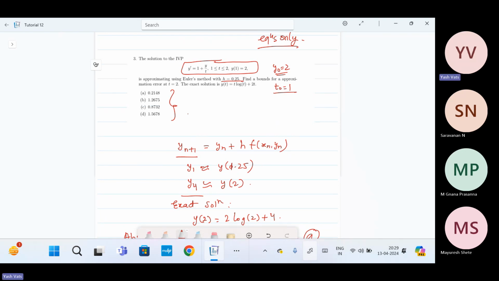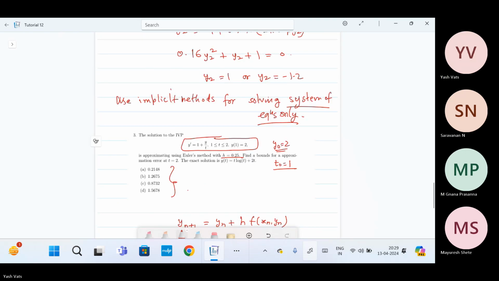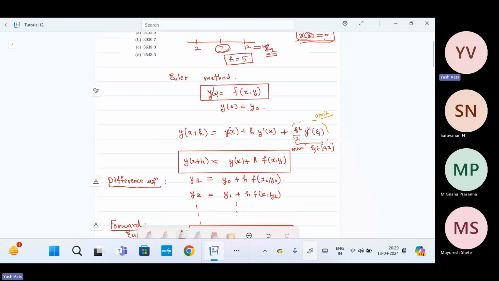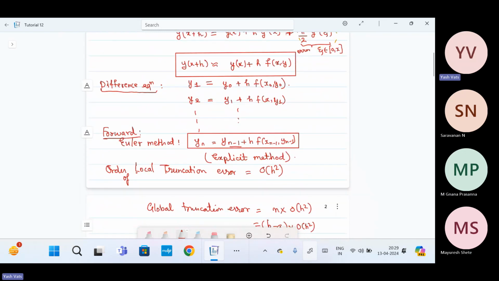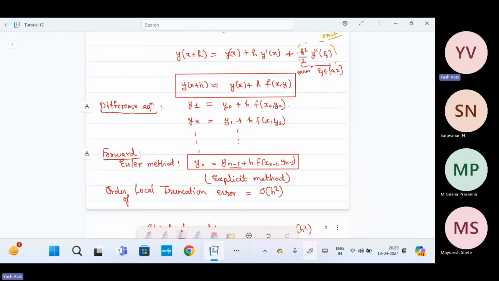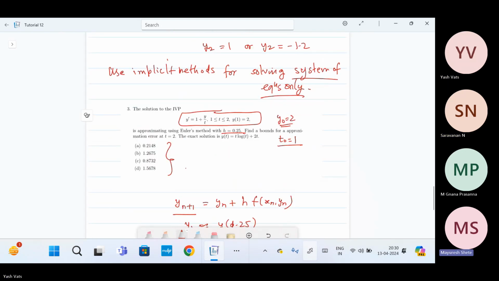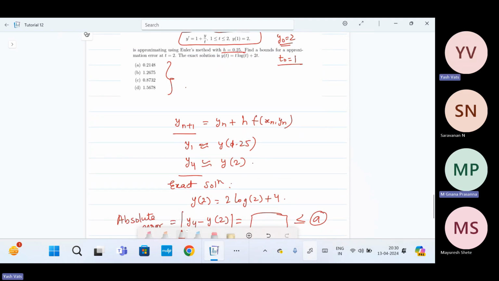You don't need to use the approximation errors like that. You can go direct by formula, I think. Let me see. The formula for error is h squared by 2 y double dash xi. But what is y double dash here? F dash.